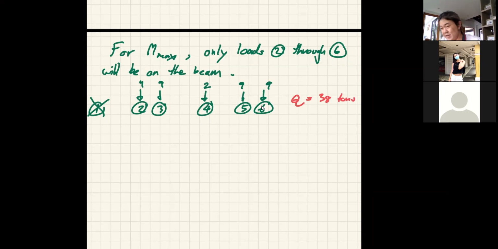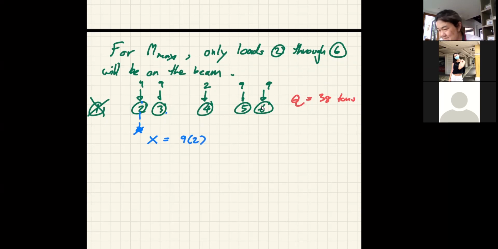And now I'm just going to take the moment here. Now the X bar is going to be equal to the load number 3. The second one here, 9 multiplied by the distance from load number 2 to 3, that's 2 meters.